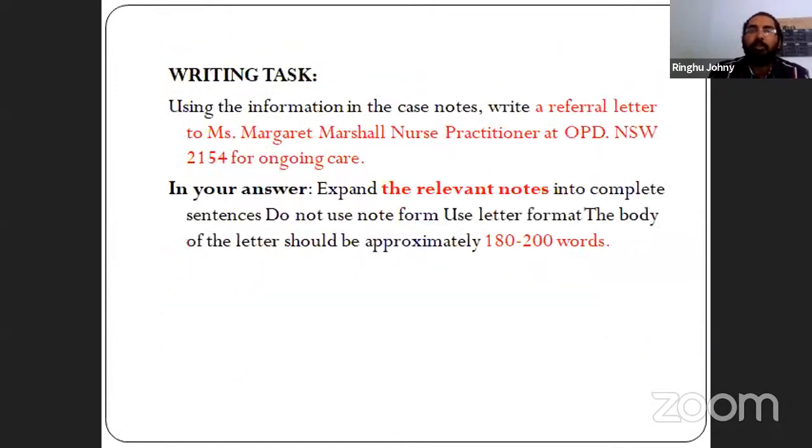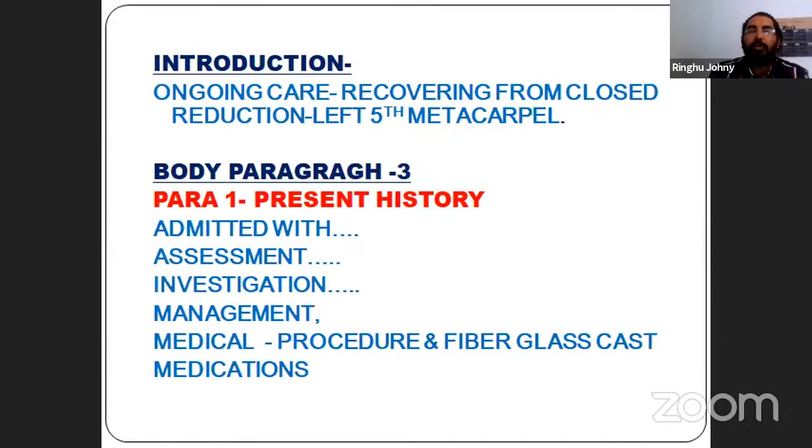When it comes to the introduction, we always make sure we write only 2 lines. Do not write "I'm writing regarding Mr. Antony," I'm just saying an example. I'm writing regarding Mr. Antony Deeb, who is recovering from, just as an example, a closed reduction and immobilization of his left metacarpal fracture.